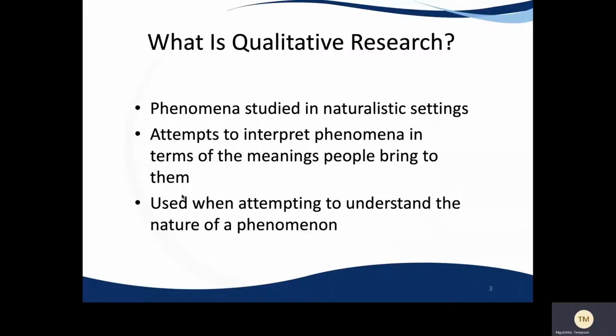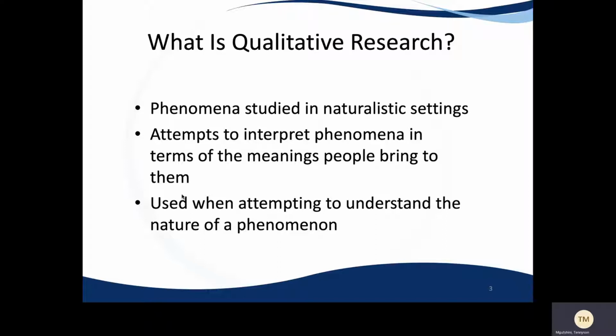So once again, here are some key aspects around qualitative research. It's studied in naturalistic settings. What we mean by that is that in qualitative research, we study things in the natural setting in which that phenomena occurs. So we do not create a laboratory environment or an experimental environment.